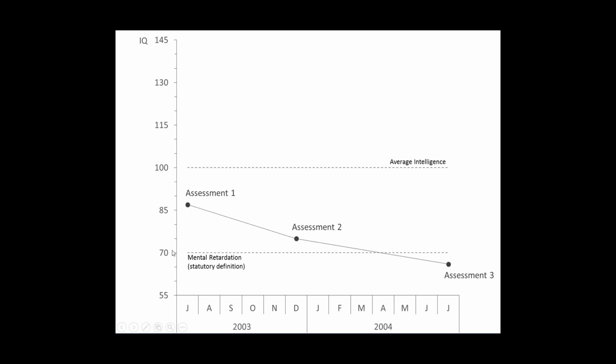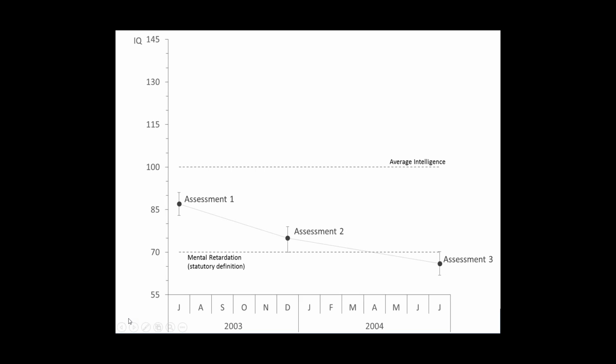If we use something closer to a full range of IQ for our vertical scale, that gives a better picture, and with the addition of guidelines for what average intelligence is and mental retardation, at least the statutory definition in Nebraska at the time, that provides much more information to the user, and we don't rely on them having an understanding of what the IQ scale is.